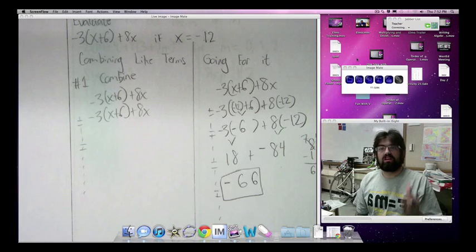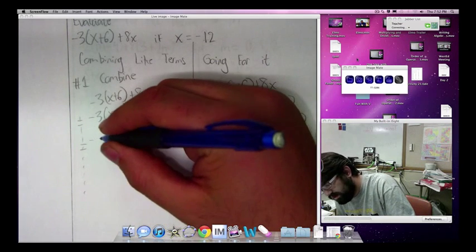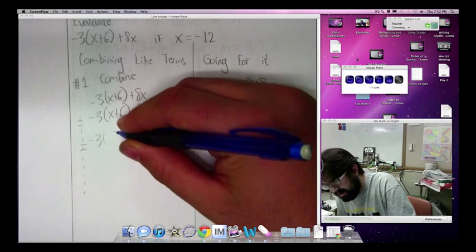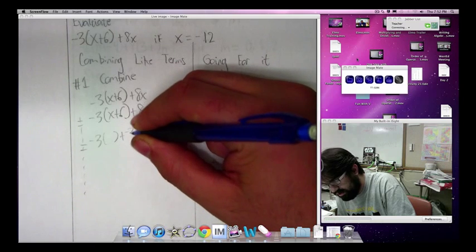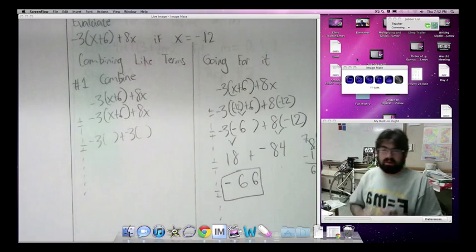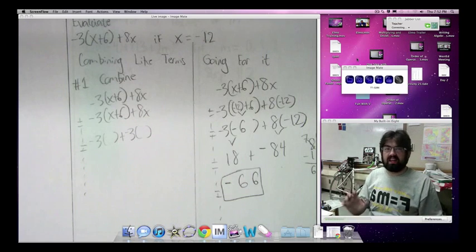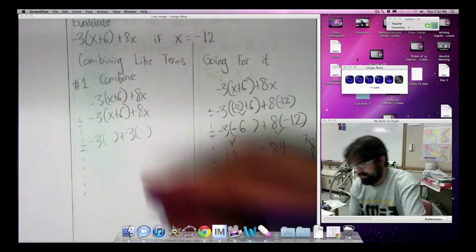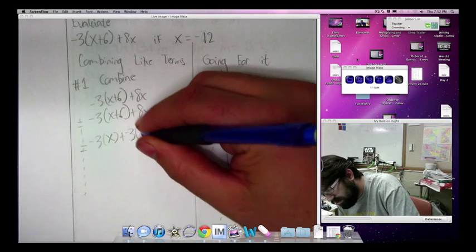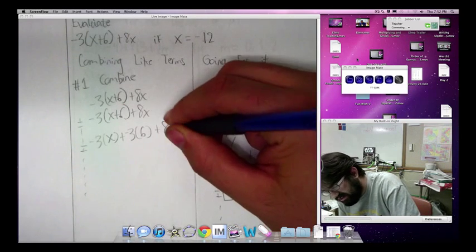Next step is distribute. In the parentheses, I'm just going to pull it apart. Got pulled apart. X went into one part, 6 into the other. Negative 3 went to both of them. Plus 8x.